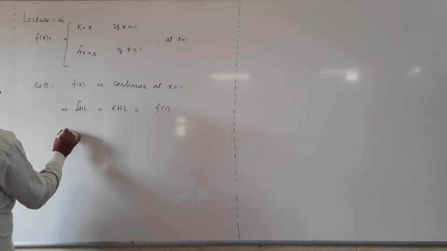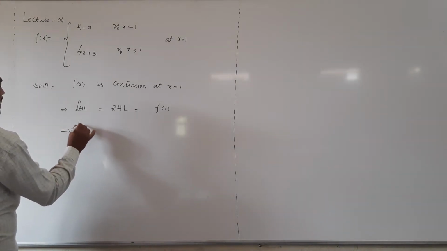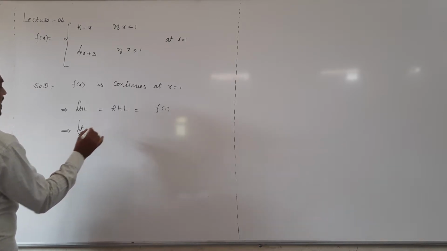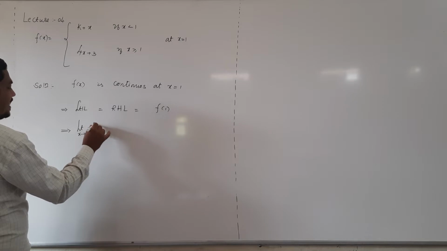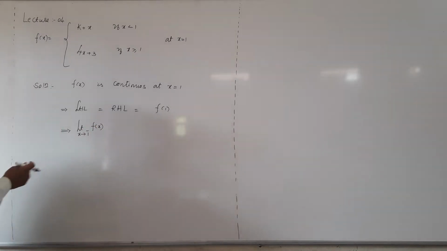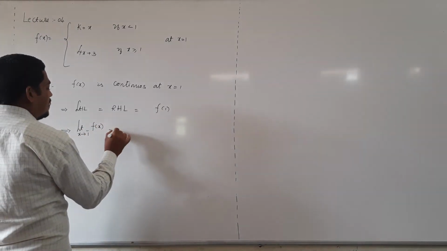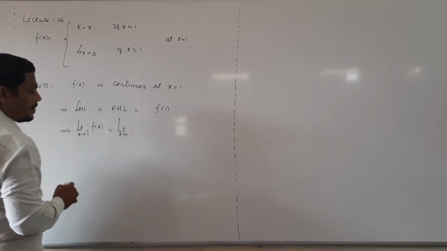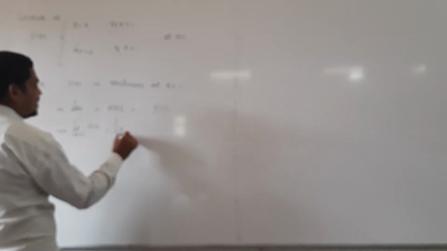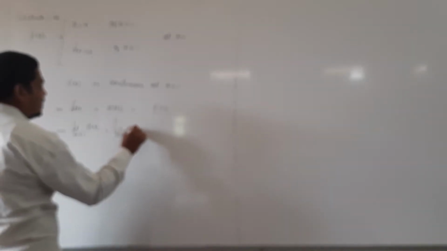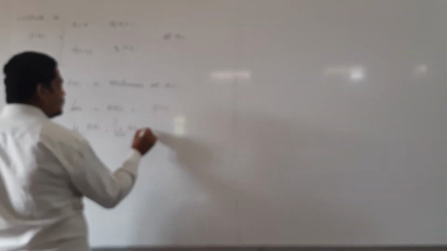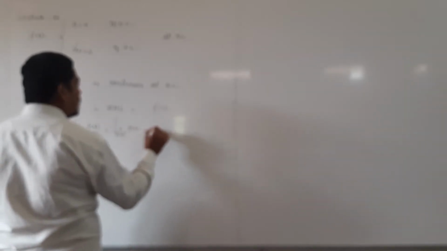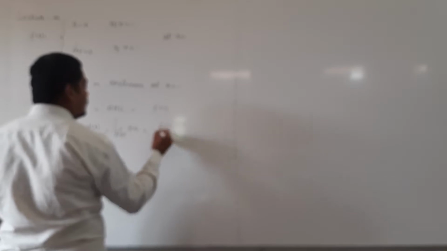Now, the left hand limit, limit x extending to 1 minus of f of x, equals limit x extending to 1 plus of f of x, which equals f of 1.